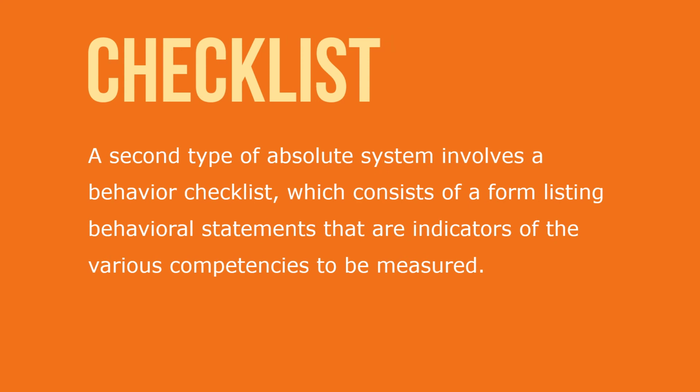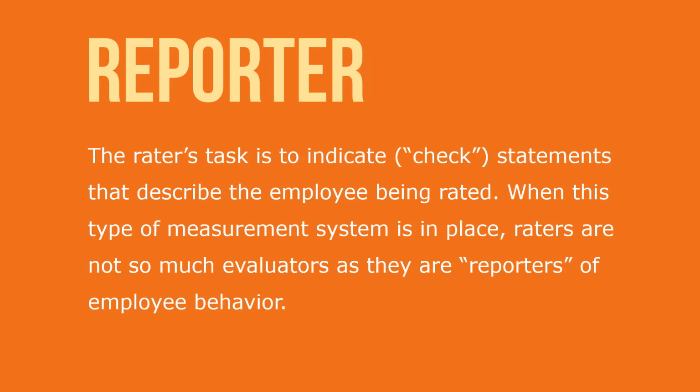A second type of absolute system involves a behavior checklist, which consists of a form listing behavioral statements that are indicators of various components to be measured. The rater's task is to indicate or check statements that describe the employee being rated. When this type of measurement system is in place, raters are not so much evaluators as they are reporters of employee behavior.